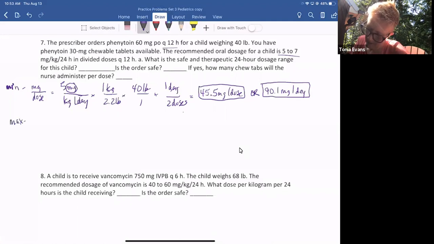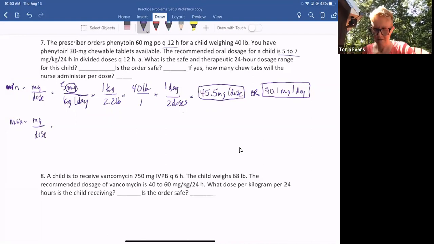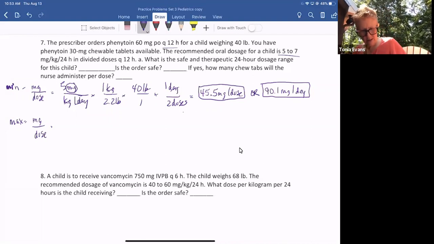Our max is, I write these questions, put them together, and I actually don't solve them before recording the work. This is purposeful because I want you to see the process.